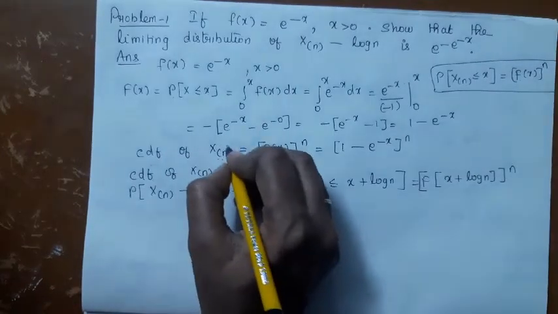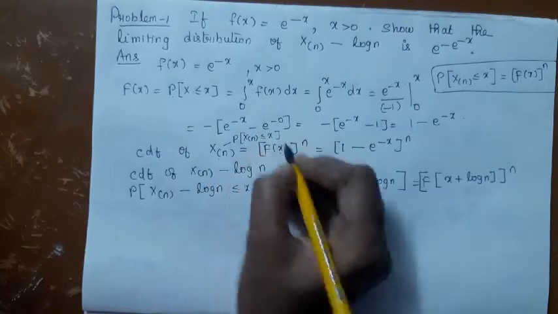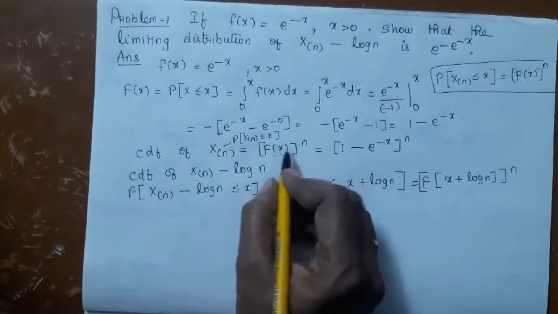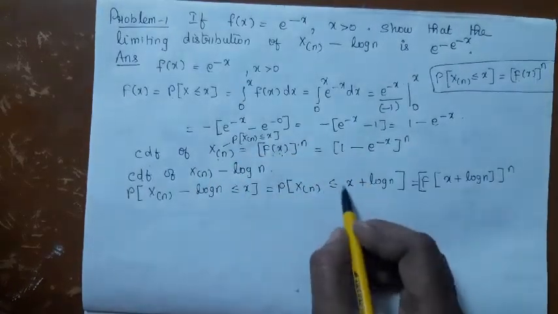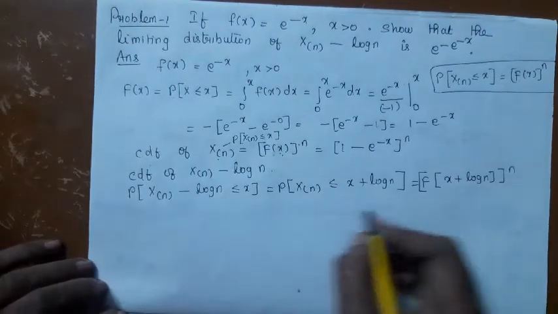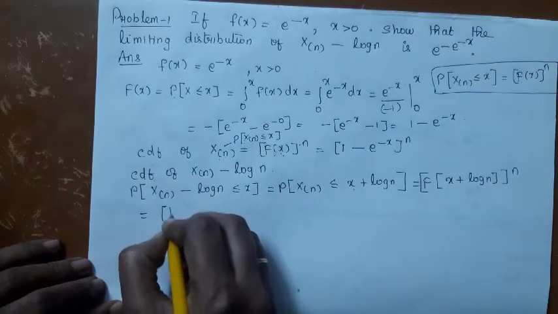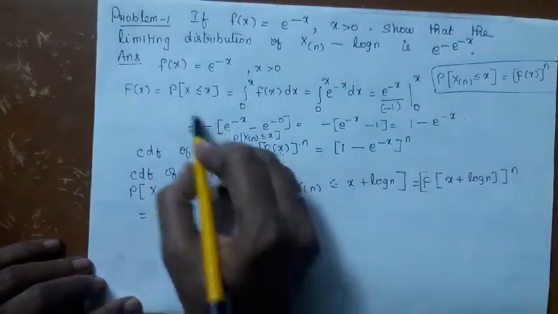Okay, you understand this? This is actually probability of Xn less than or equal to x. The answer is F of x the whole power n. If it is Xn less than or equal to something, then F of something the whole power n is the answer. So that is 1 minus, what is F of x?